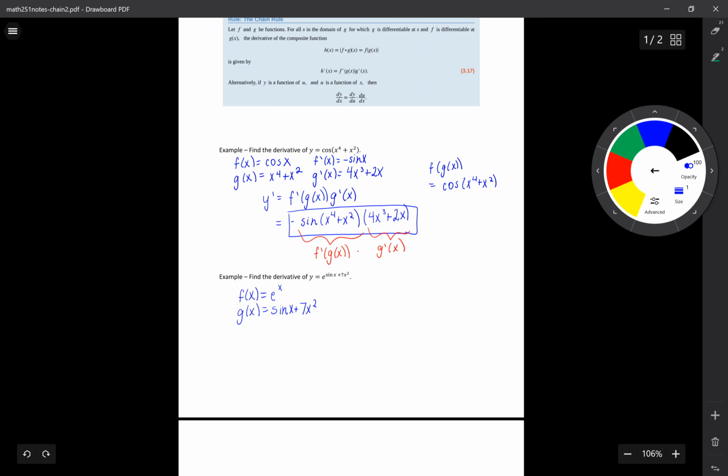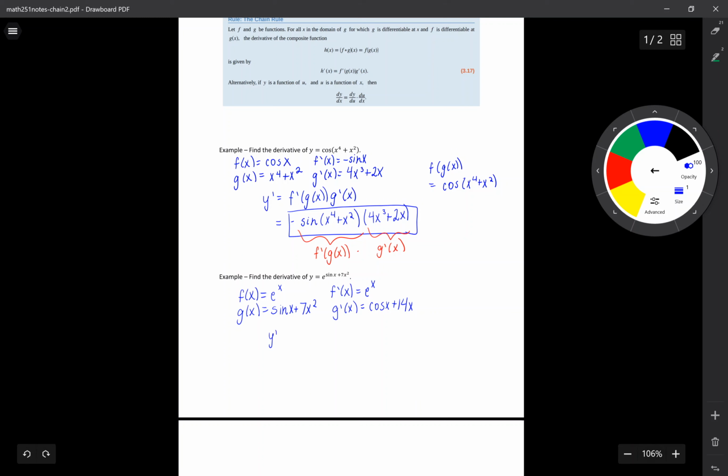You could check your work here if you're not sure. But from here, we find f prime of x, the exponential, the natural exponential is its own derivative. And g prime of x is equal to cosine x plus 14x.